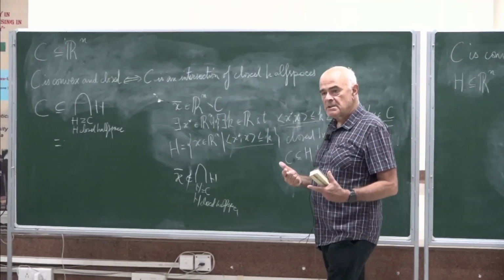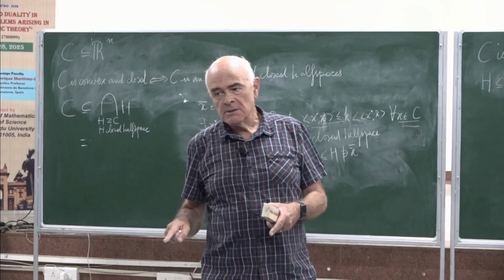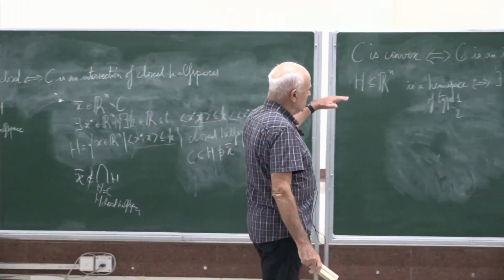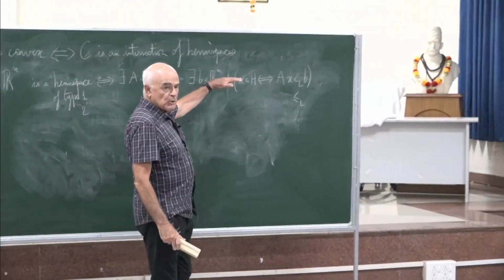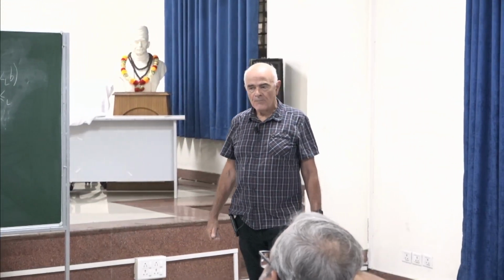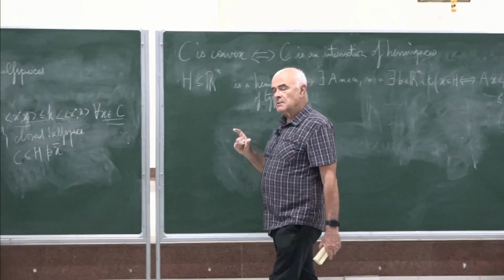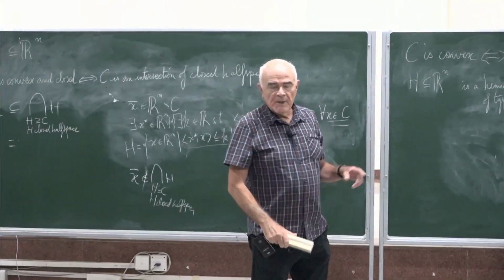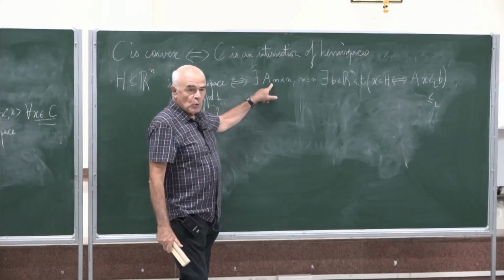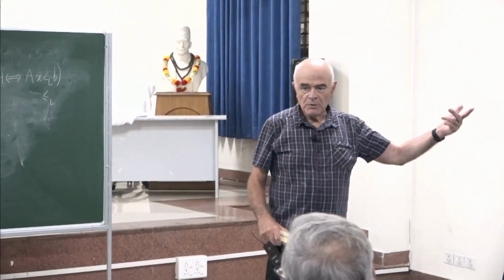H is a hemispace if and only if it is either a hemispace of type 1 or a hemispace of type 2. Here you have the description of hemispaces of either type. In fact, for this theorem, you can consider just hemispaces of type 1 with m equal n and A non-singular. It can be proved.